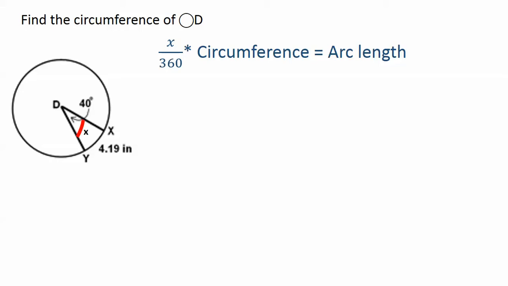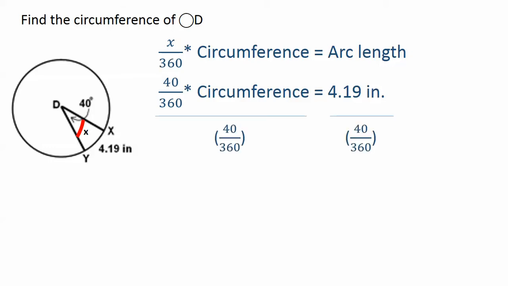Because my x is 40 degrees, that means that 40 out of 360 times the circumference that I want will equal my arc length, which is 4.19 inches. To solve for my circumference, which is right now multiplied by 40 over 360, I'll divide both sides by 40 over 360. Notice that I put my fraction in parentheses. That way there are going to be no errors.